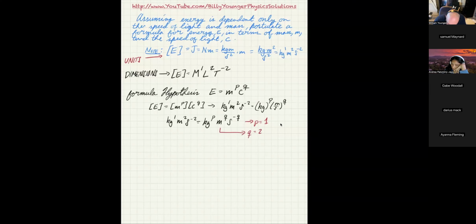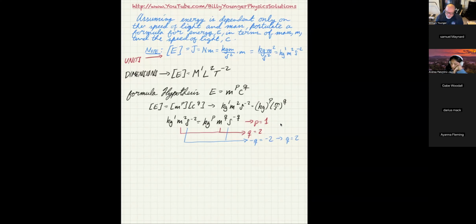Well, that fixes the meters, but now we have to check with the other part. We did it with the mass, but now I'm going to do it with the seconds. So seconds is raised to the negative 2, and negative q is evidently equal to negative 2, and that means q is equal to 2.